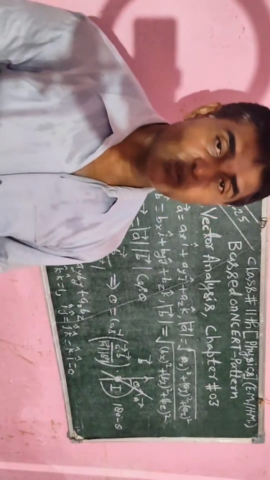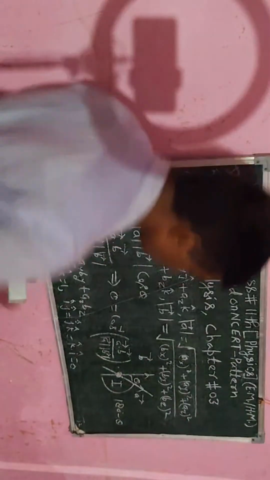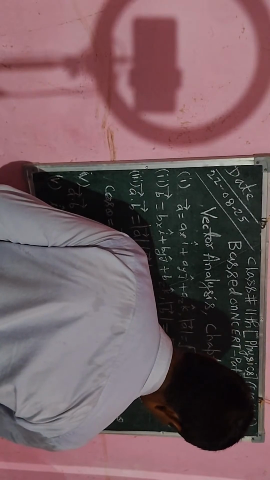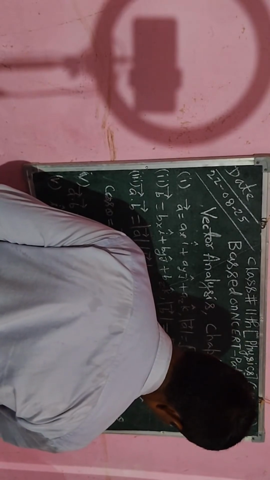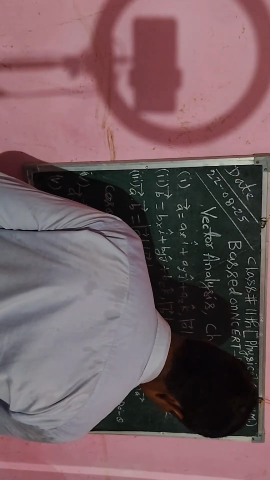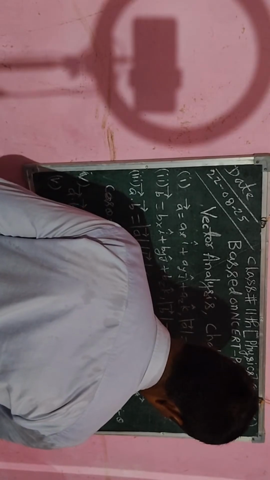If anyone asks you to also convert into radian, so I have the information that 180 degree is equal to pi. Now 180 degree can be written as 180 into 1 degree, which is equal to pi.